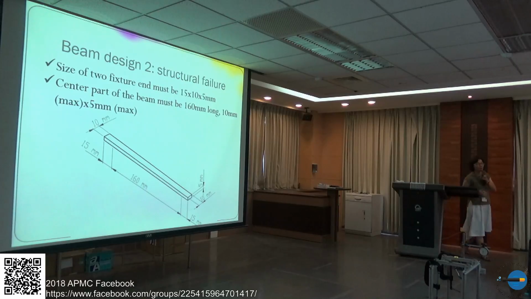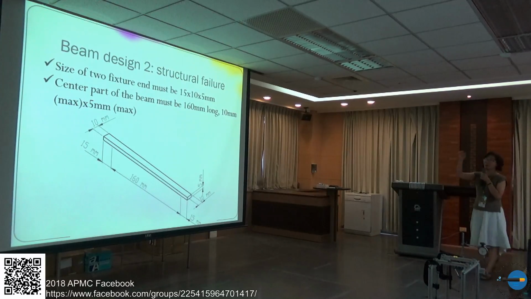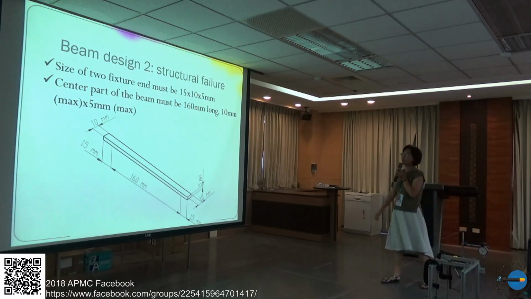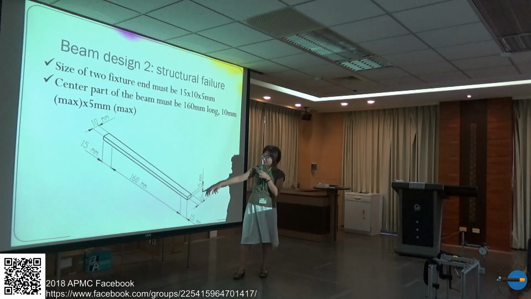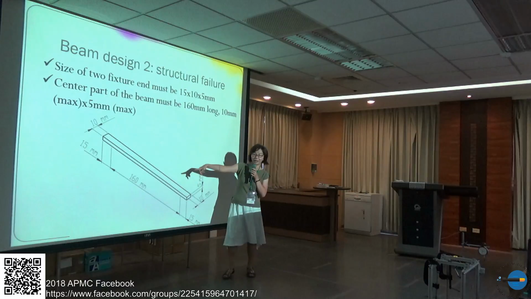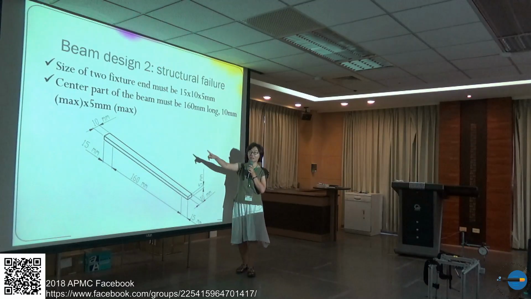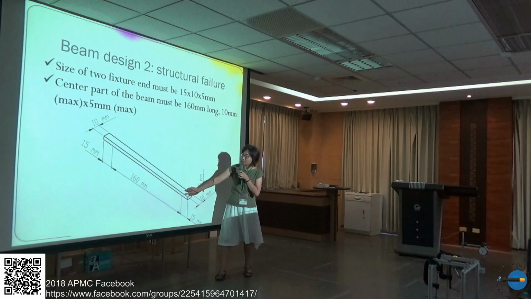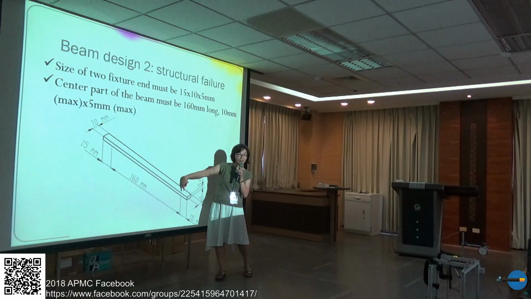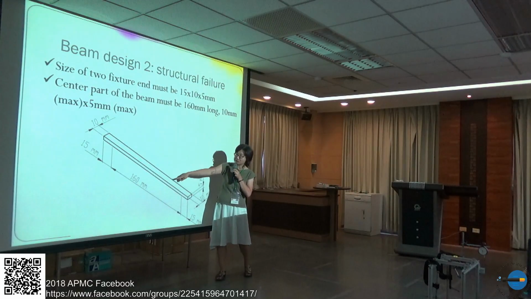And for the second beam, we consider the structural failure. So the size is like this. Still, we have 2 fixture ends. Okay, the 2 fixture ends should look like this. And the center part, the length is the same, 160 millimeter.